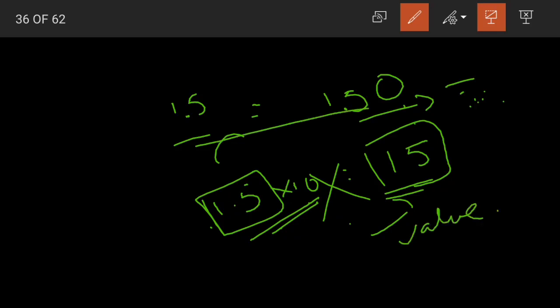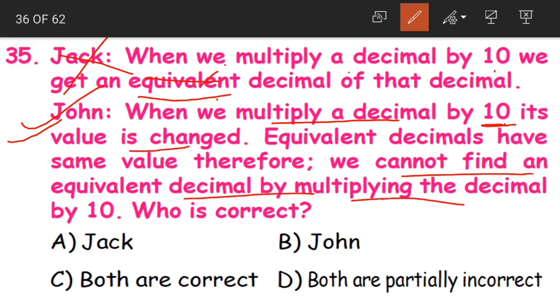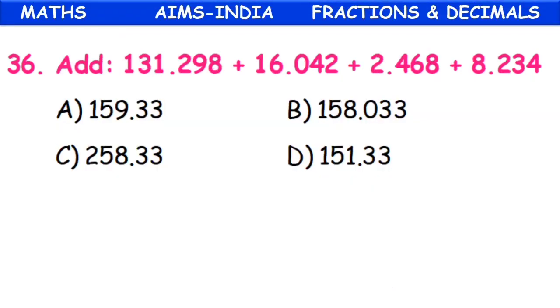But for equivalent decimals, the value is the same. So, who is correct? Jack is wrong. When we multiply, we do not get an equivalent decimal. John is correct. Why? Because when we multiply a decimal by 10, its value changes. So we cannot find an equivalent decimal by multiplying the decimal by 10. Option B, John is correct.